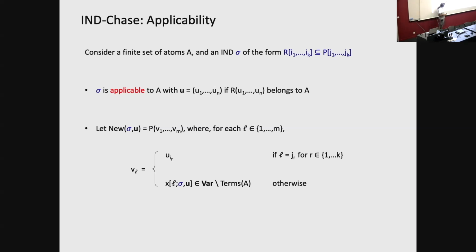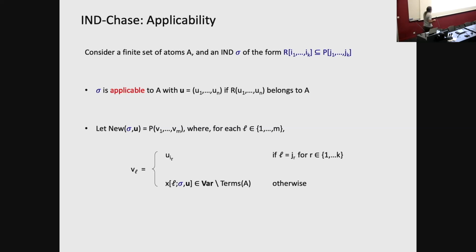The name of the variable is determined by the position L, the inclusion dependency sigma and the witness U, which means that once I give you the position, sigma and U, this uniquely determines the name of the variable that I will plug there. Now, the name itself is not so important. As I said, one could pick some other variable there, or come up with a different mechanism.